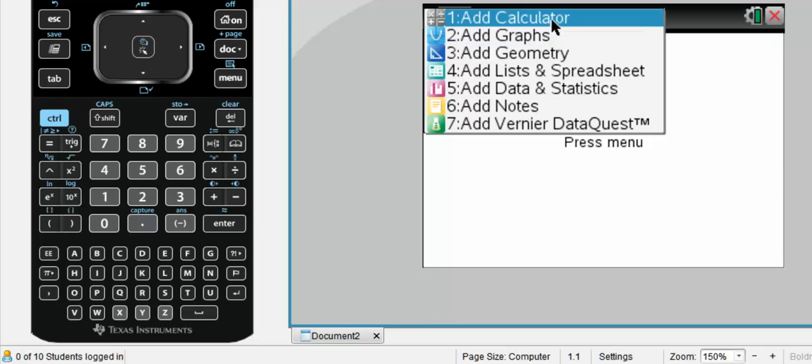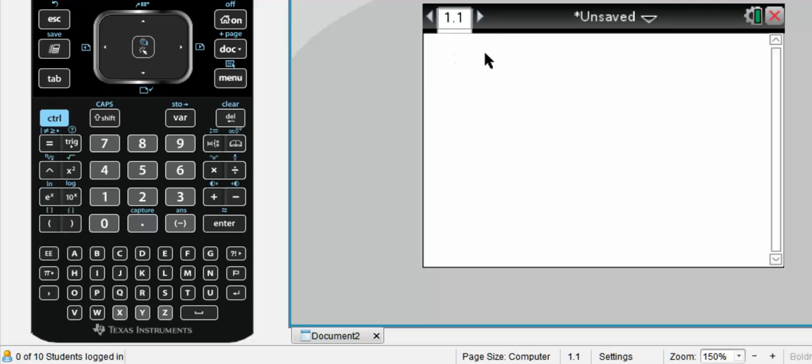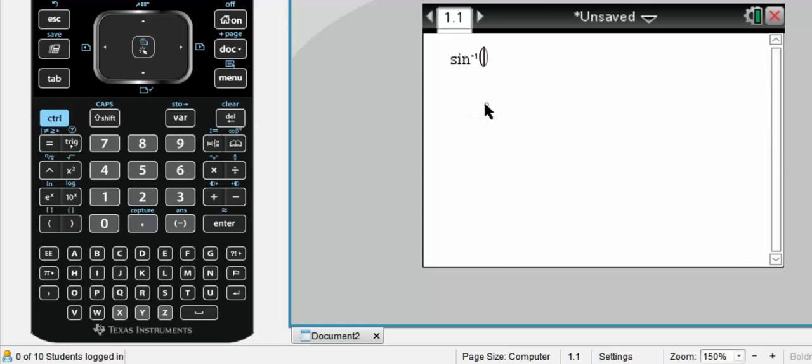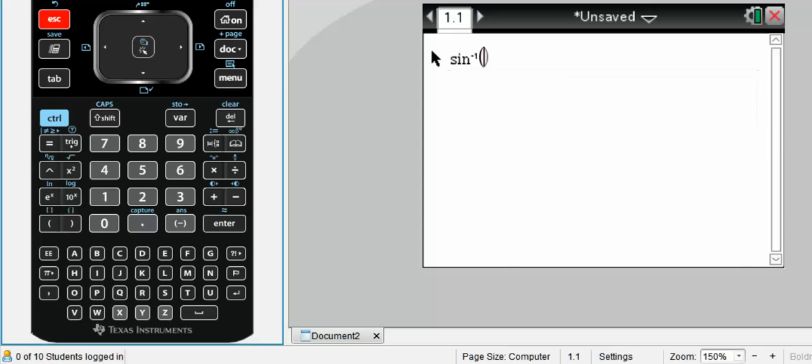Now when we create a new calculator document, all of the work completed in here will be completed in degree mode. Our first example asked us to calculate the sine inverse of 0.4. So we have sine inverse of 0.4, and our end result is 23.5782.